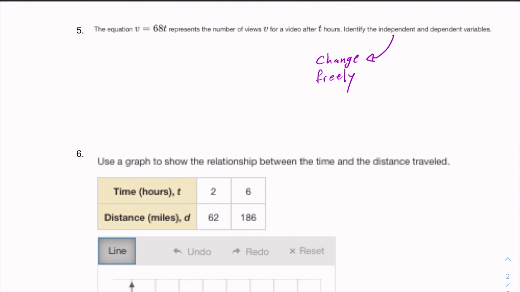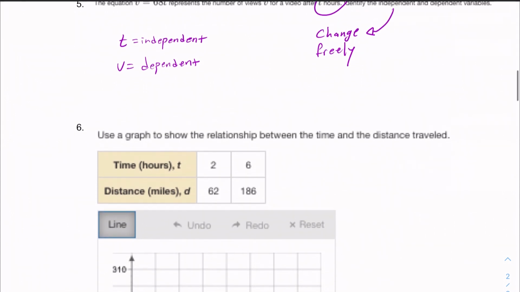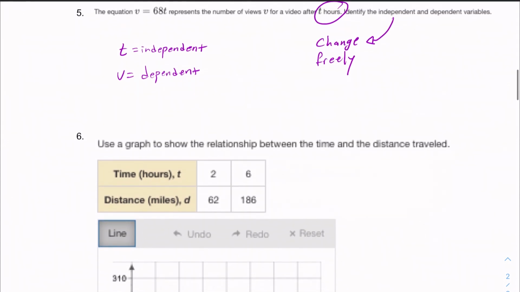So in this one, t is independent because however many hours goes by determines the number of views. Views does not determine hours, but hours does determine views. So time is changing freely, and the number of views changes in response to the time changing. So t is independent, time, v is dependent.